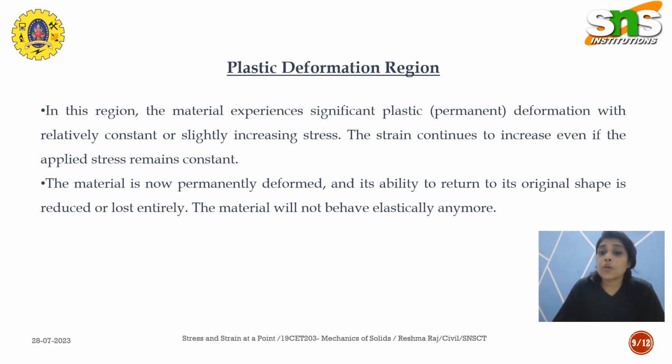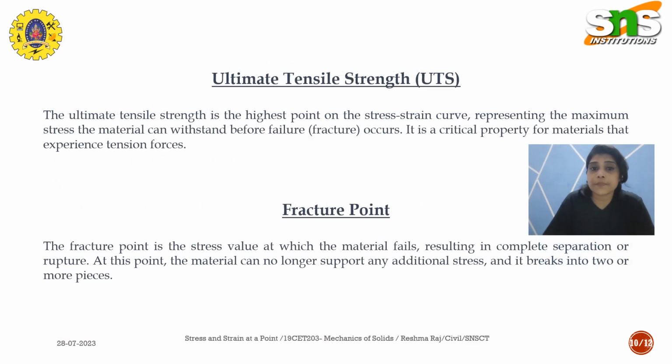The material is now permanently deformed. Its ability to regain the original shape is lost, so the material no longer acts elastically. It changes to plastic. That is known as the plastic deformed region.